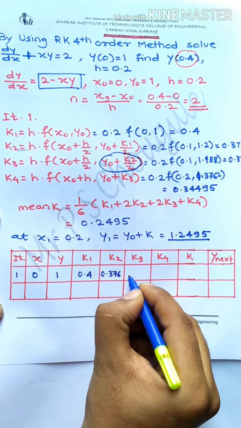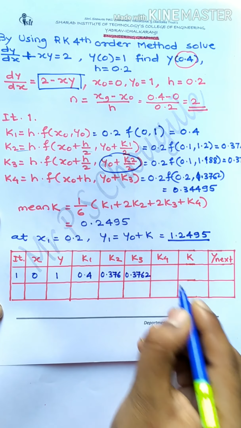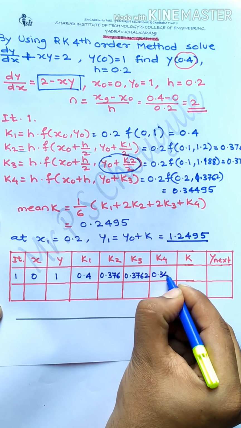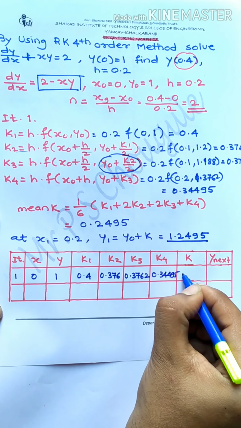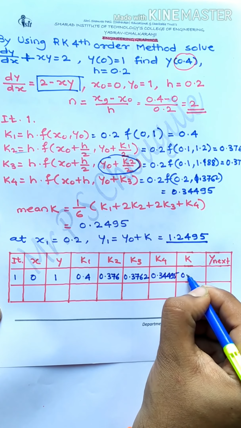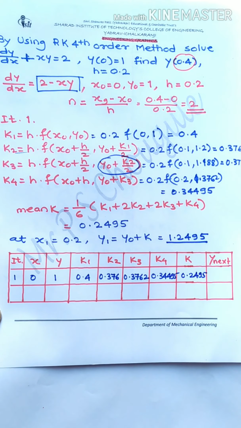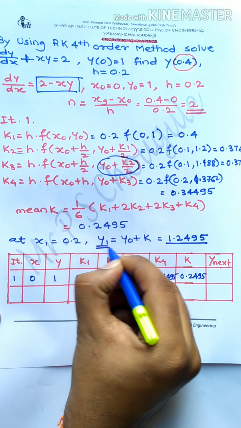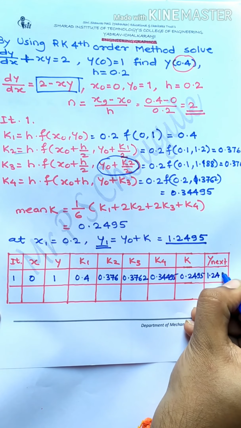Likewise, the value of k3, the value of k4, which is equal to 0.34495, and by this the value of k is 0.2495. And here you will get the next value, which is 1.2495.